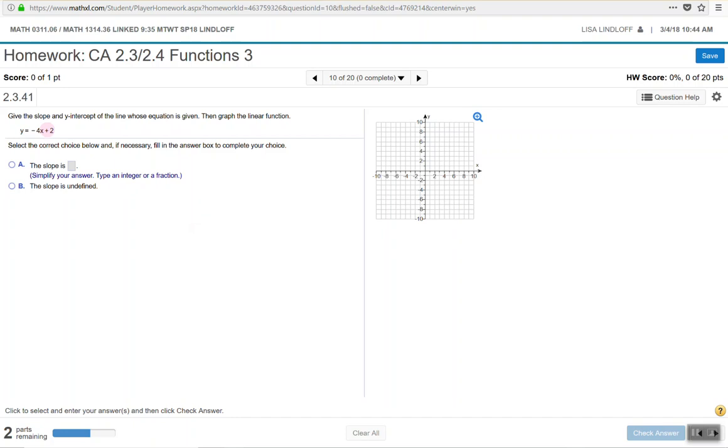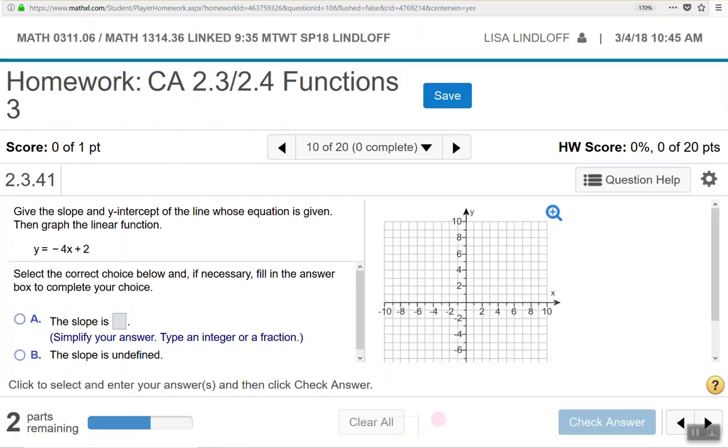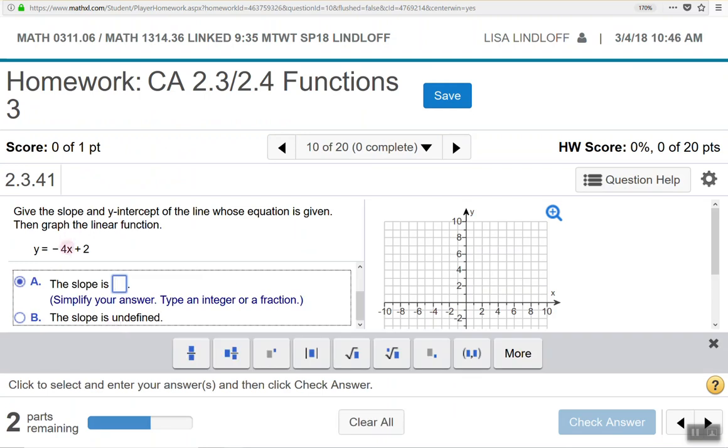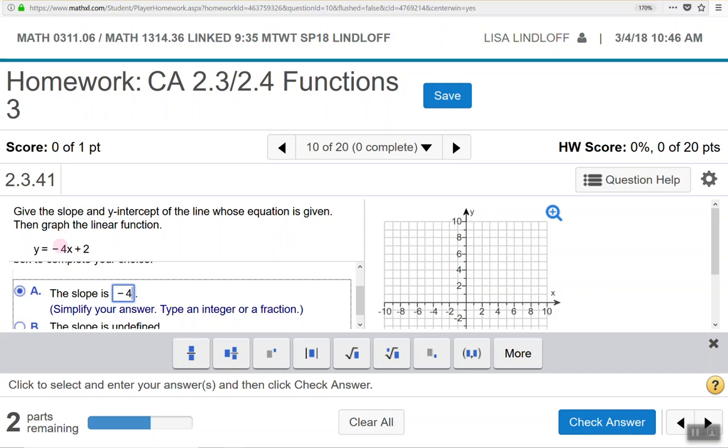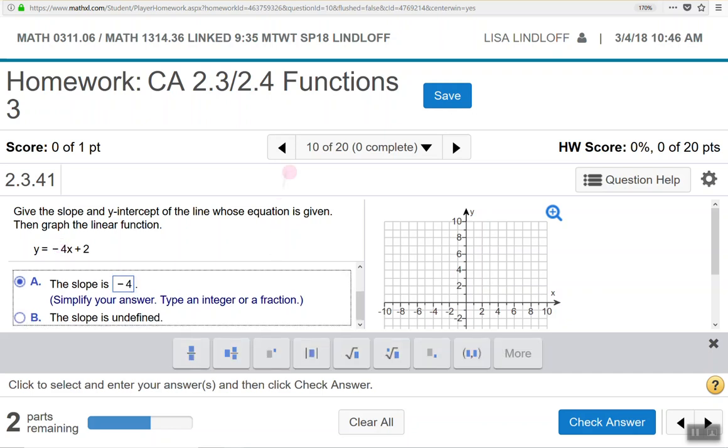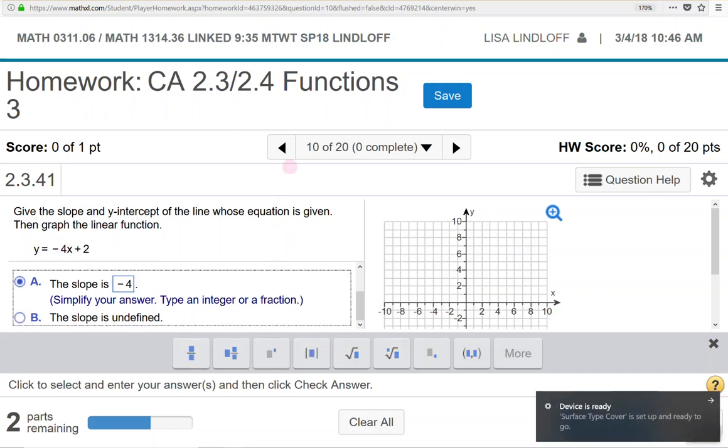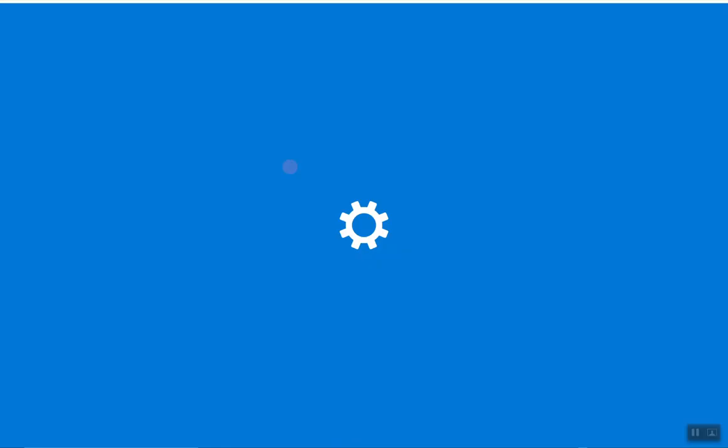So let me see if I can get my keyboard hooked up. All right, so here the slope is, and there is the slope, so all I have to type in is negative 4.